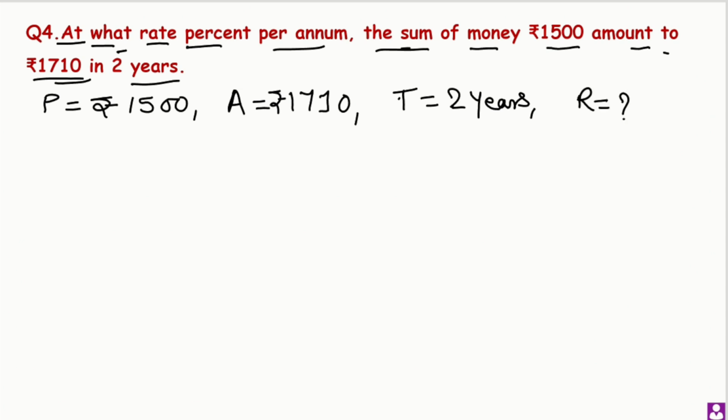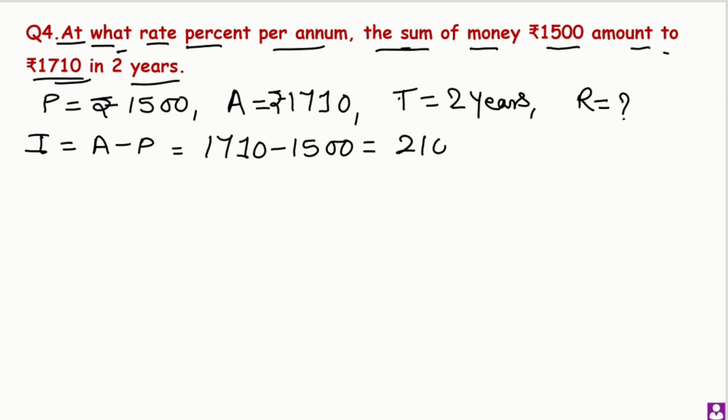So A and P are given. We know the formula: I equals A minus P. So 1,710 rupees minus 1,500 will give us 210 rupees. So this is the interest amount, and we know the formula for interest, which is I equals PRT over 100.